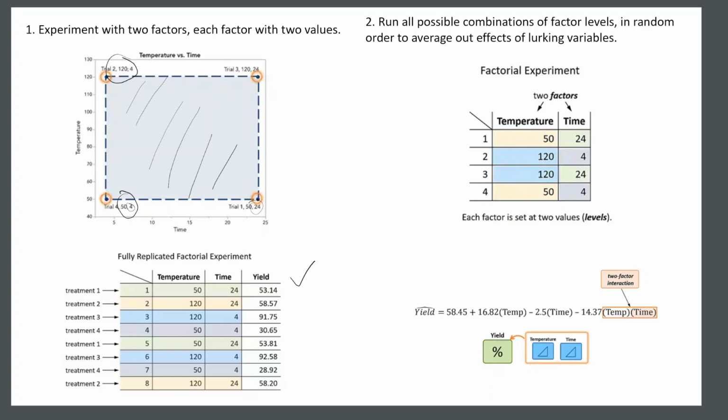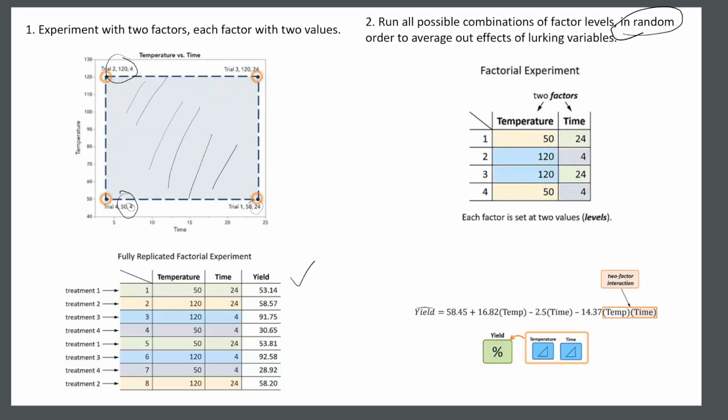The repeatability will eliminate possible errors, and we run all possible combinations of factor levels in random order. We do it in random because if we do it in a particular sequence, then the sequence itself might have an impact on the material property. Hence, we randomize and average the effect of the working variables.